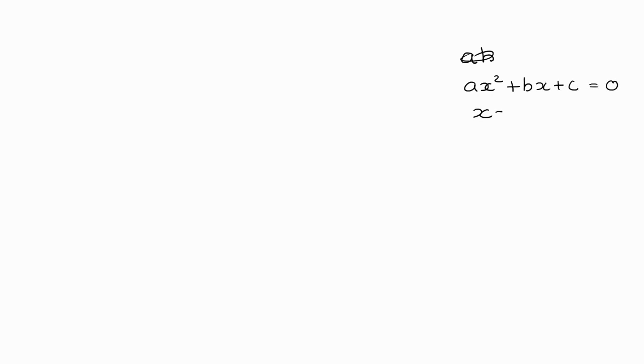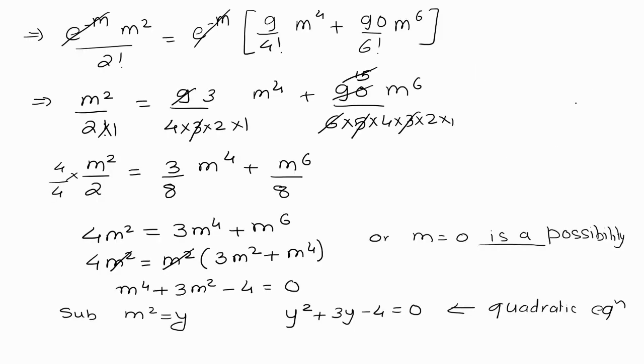The roots of this quadratic equation, x is equals to minus b plus or minus root of b square minus 4ac upon 2a. This you have been studying since 8th standard, but I just revised it in case somebody didn't remember this.